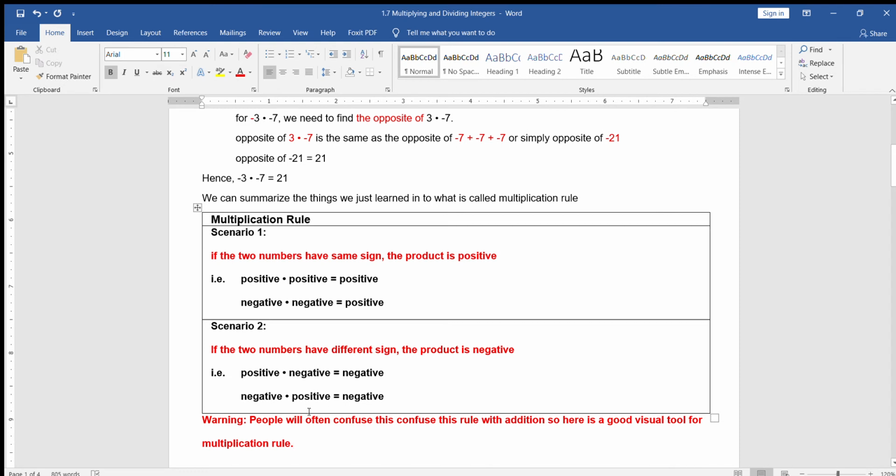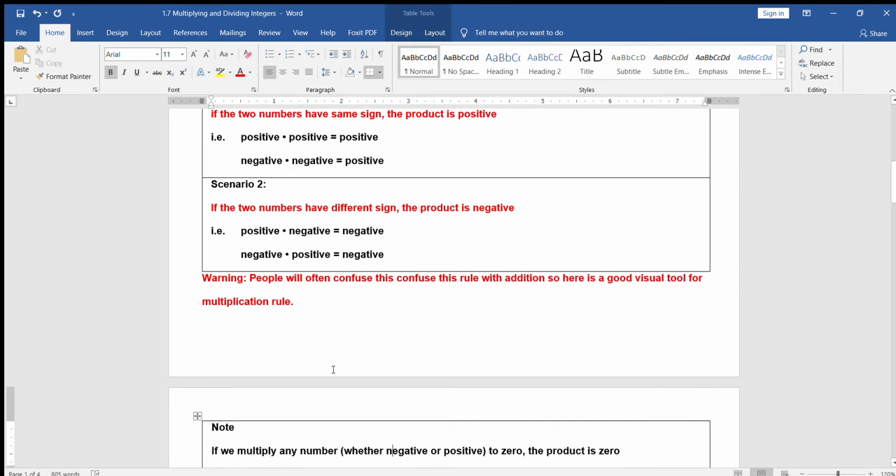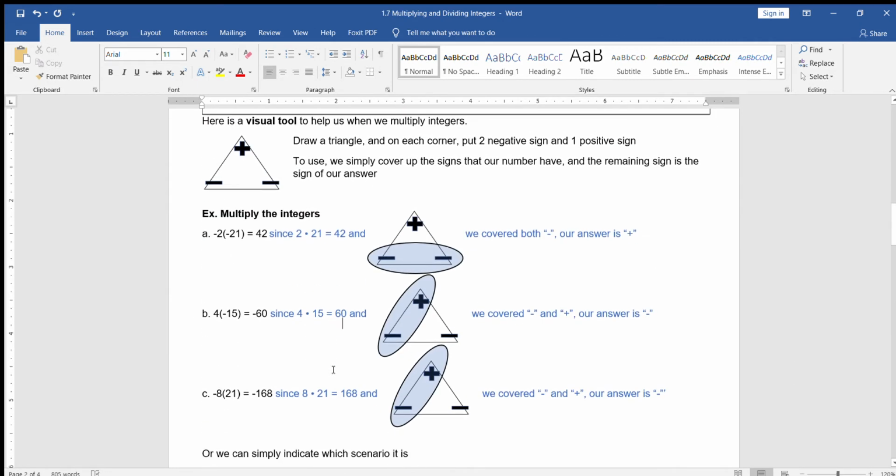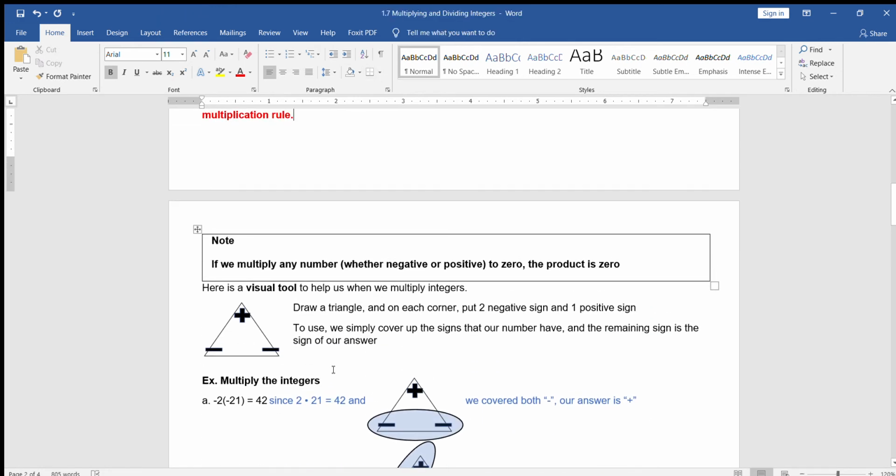So, quick warning, people often confuse the multiplication rule with the addition rule. So here's a good visual tool for the multiplication rule. The visual tool is a triangle, and on each corner there are going to be 2 negative signs and 1 positive sign.